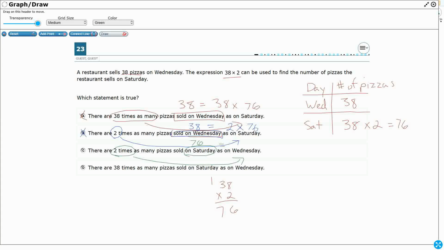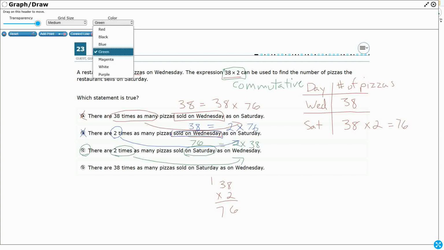What is that Wednesday? 38. Aha! So that is the expression they actually gave us to begin with. Well, they gave us 38 times 2, but we could use the commutative property to swap the order of our factors. And we know that when we swap the order of our factors, we still get the same product. All right, so that's looking good.